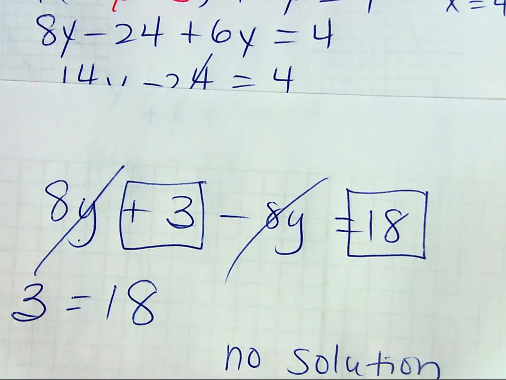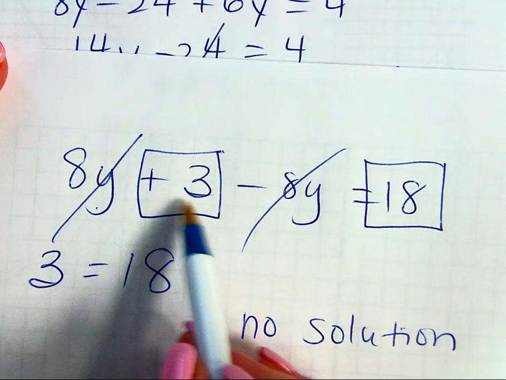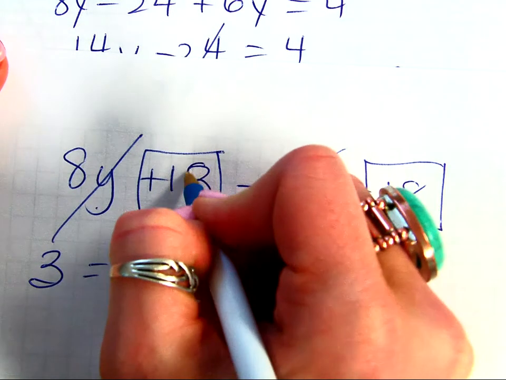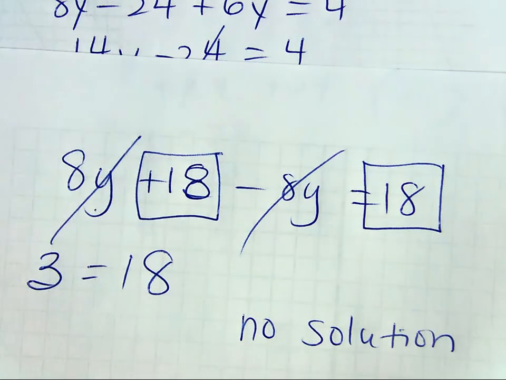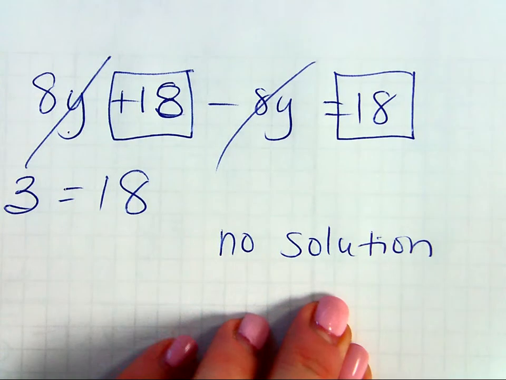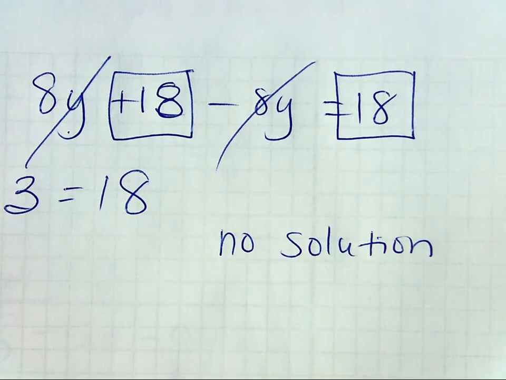Okay? So what if all this happened instead of 8y plus 3? What if you had 8y plus 18 minus 8y equals 18? Then you would have 18 equals 18, which would mean what? Instead of no solution, everything would work, which means they're the same line, right?